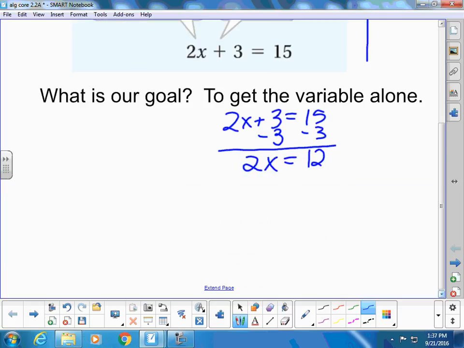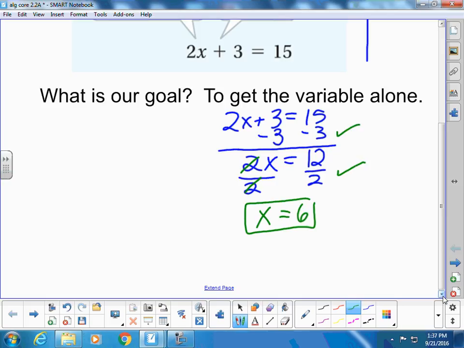And then we divided those 12 up to the 2 places. So we divided both by 2. 2 over 2 reduces to be 1. 12 over 2 reduces to be 6. And we get x equals 6. But it took us 2 steps there.